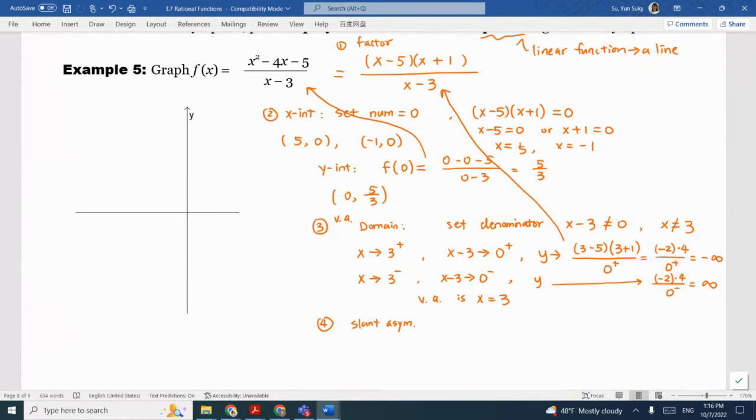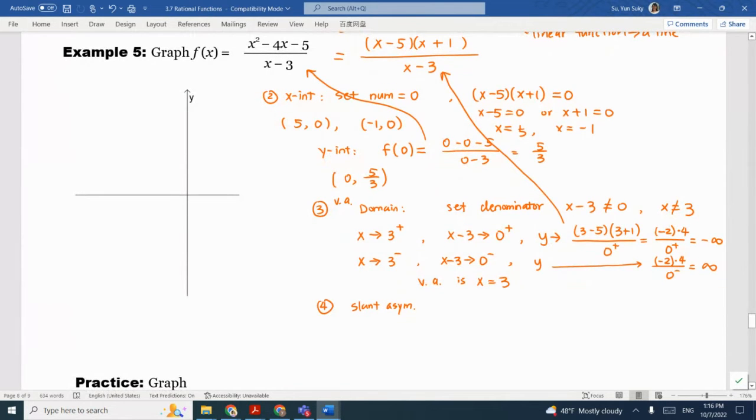We know that because the factor x minus 3 is the divisor, so the root is 3. Do you agree, everybody?